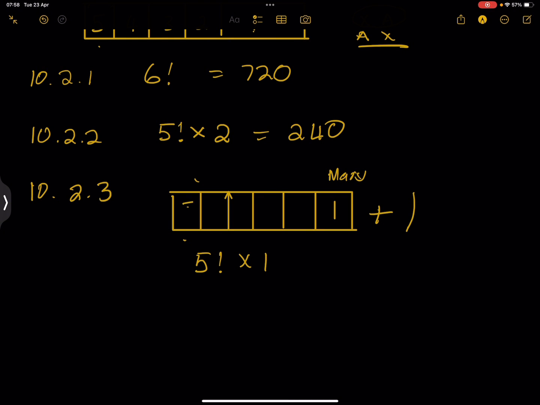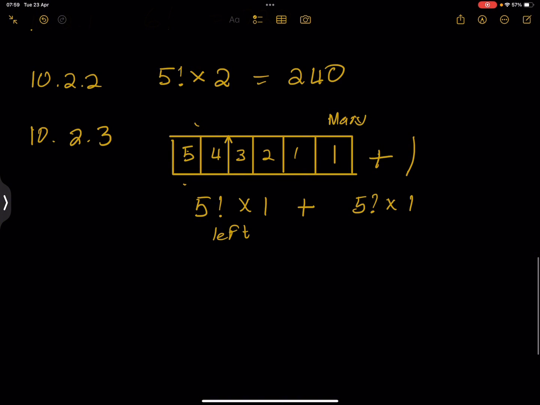I've got 5 to choose from, 4, 3, 2, and 1. So I'm going to add that permutation now, sitting Mary on the right-hand side. This one was sitting here on the left, this one is sitting here on the right. So that would be 5 factorial again, multiplied by 1.